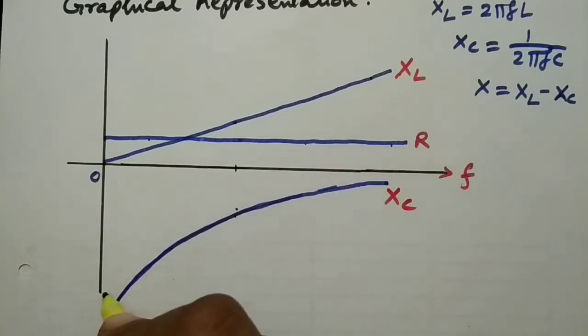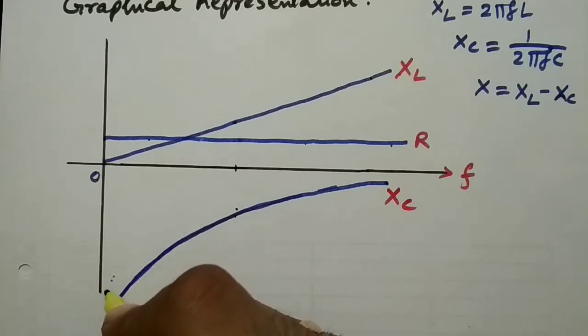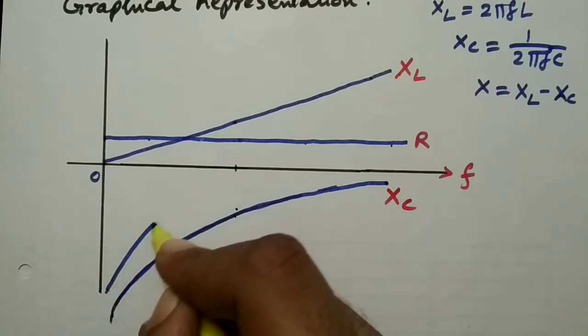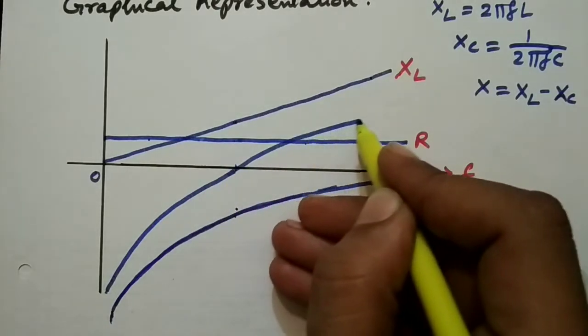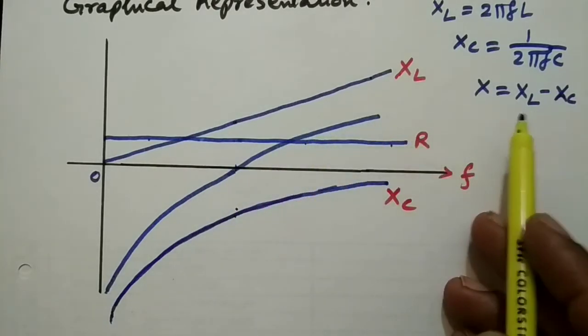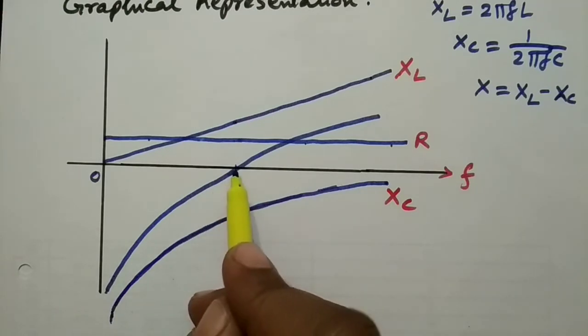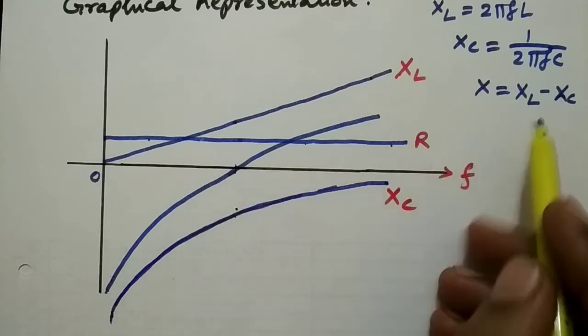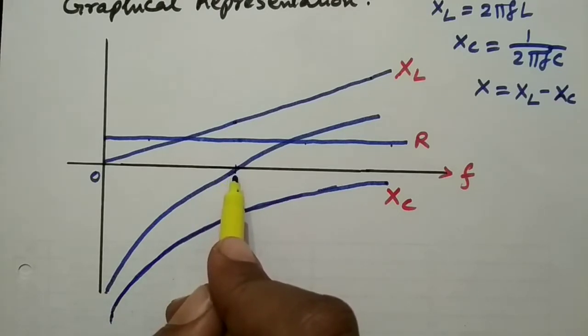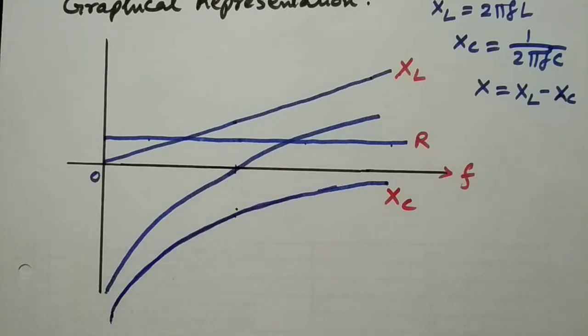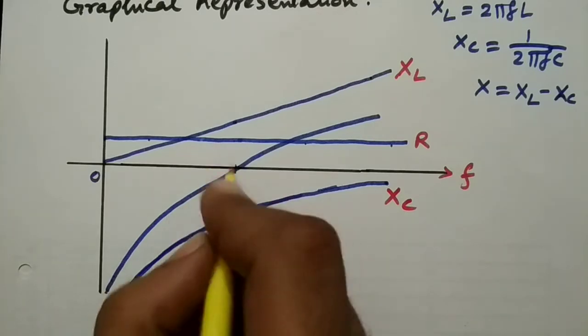So it will start from the fourth quadrant. And as the frequency is gradually increasing, XL will be increasing but XC will be decreasing. Therefore, the net reactance X will be gradually decreasing. At a particular frequency, we can see that the net reactance will be 0.